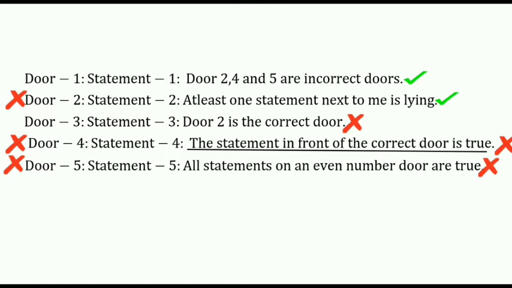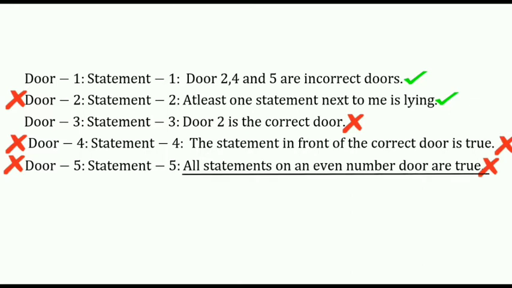Now we move on to statement 5. According to statement 5, all statements on an even number door are true. This means if the door number is an even number, then its door statement has to be true. But looking at door 1, 1 is an odd number, but statement 1 is true.